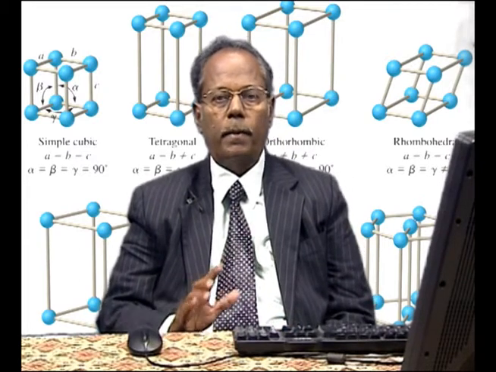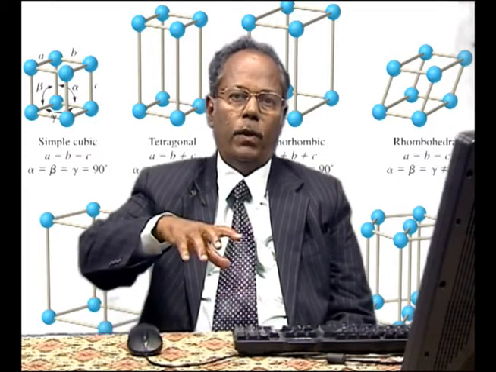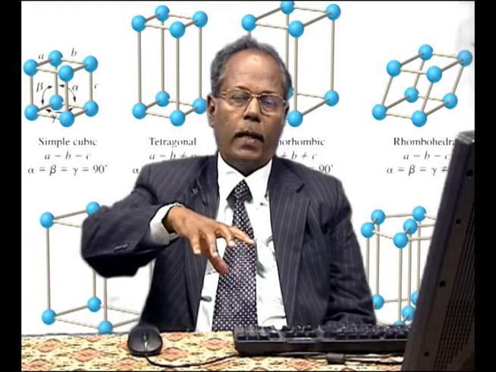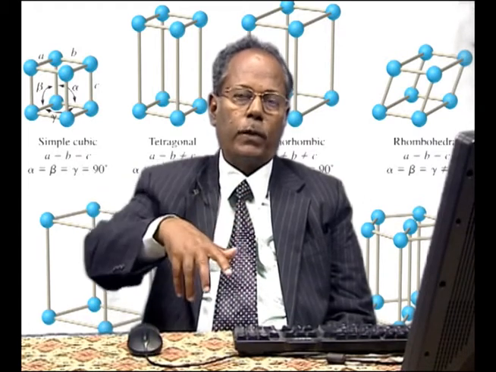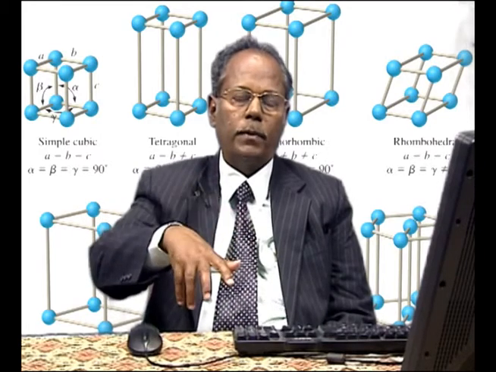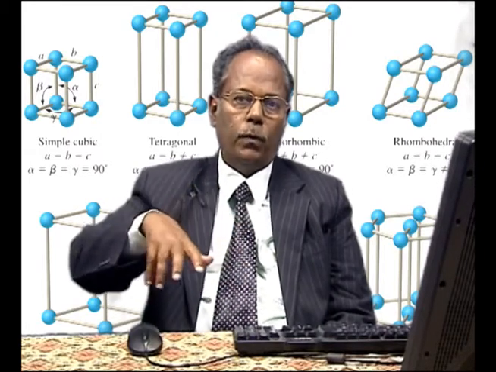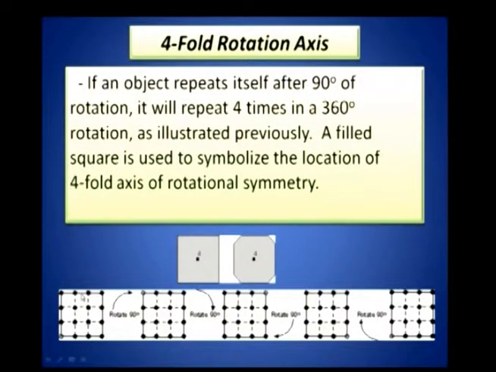I told you in the previous lecture about rotation symmetry, and we say that a body has an n-fold rotational axis, provided it goes back to the same configuration n times when it is rotated through what angle? 360 degrees. Now, you look at a square lattice.